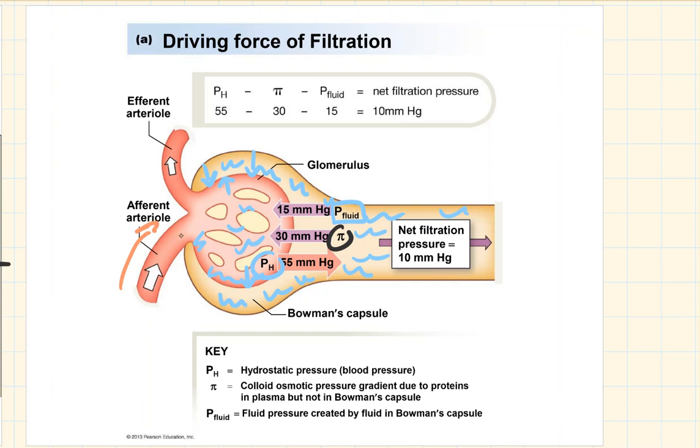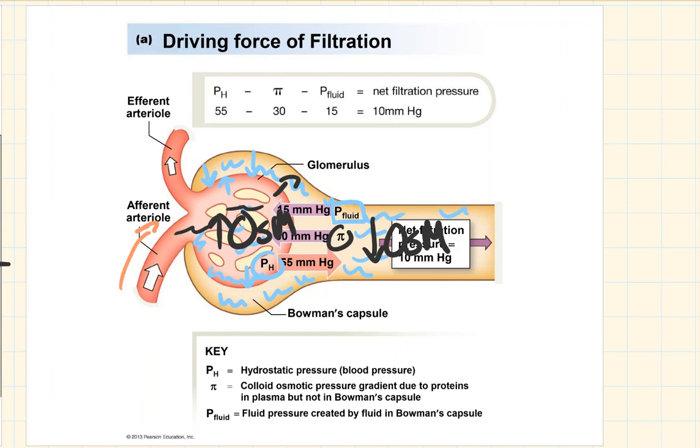So if we think about the blood in here, if you are squeezing out water into the glomerulus, well, what you're doing is you're increasing the osmolarity in the glomerulus because you're squeezing out water and holding on to solutes. And then at the same time, if you're squeezing out mostly water, the osmolarity of the nephron is going to decrease.